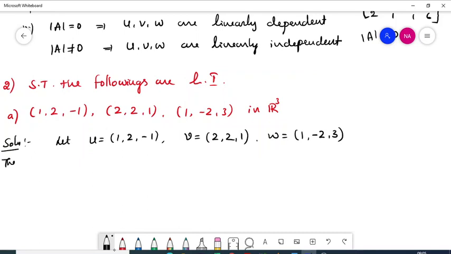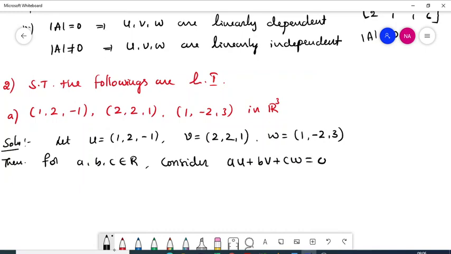Then for a, b, c belonging to R, consider aU plus bV plus cW equal to 0, which implies a into 1 2 minus 1 plus b into 2 2 1 plus c into 1 minus 2 3 equal to 0.